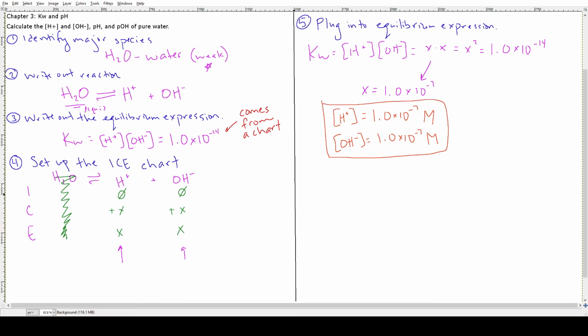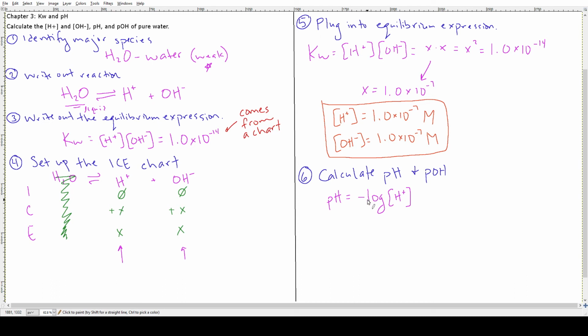We also want to know pH and pOH. So step 6 is to calculate pH and pOH. So from the last video you learned that pH is equal to the negative log of the concentration of hydrogen ions. If you didn't know that, now you do.